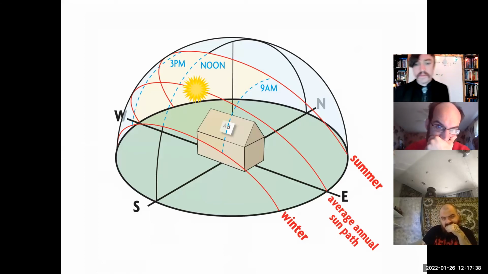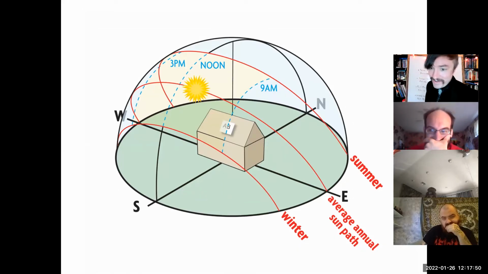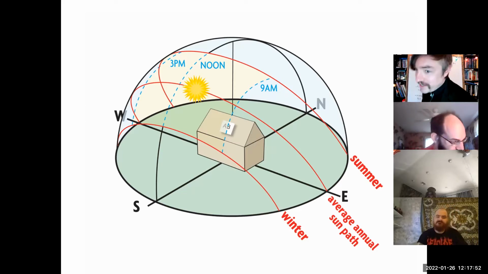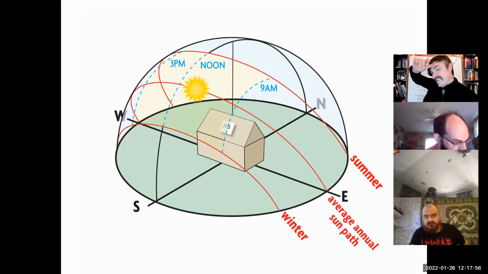We can predict the trajectory the sun will take through our sky based on its declination, all right? For instance, if the declination of the sun is 0, what day is it? It's either spring or fall.